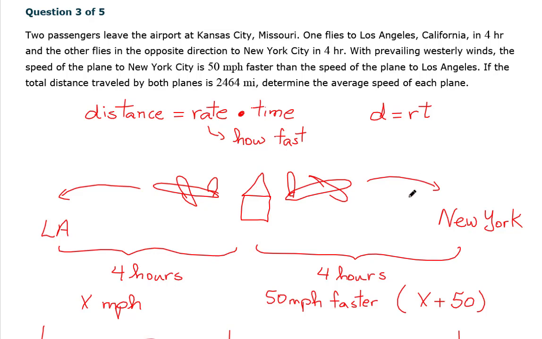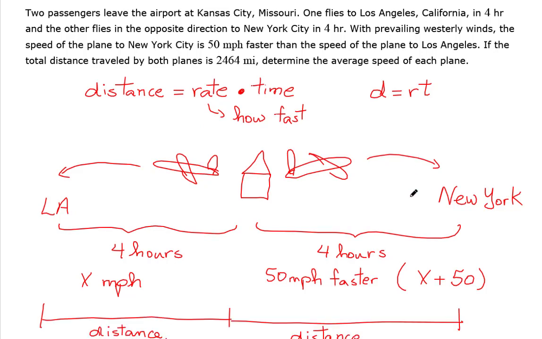Well, we're wanting to find that out. So let's see. What they tell us is we have a certain speed going from the airport to LA, and because of some westerly winds pushing us toward New York, we are going 50 miles per hour faster. So if this is x, this would be x plus 50.